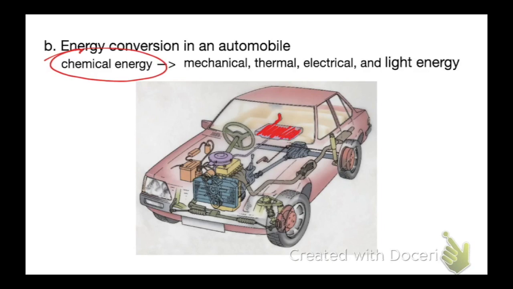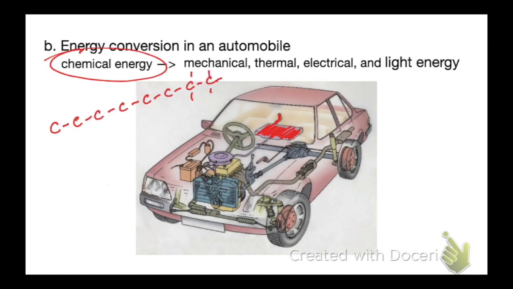Now, gasoline is basically just a big molecule. I'll draw it for you quickly. Gasoline is a bunch of carbon atoms that are bonded together: 1, 2, 3, 4, 5, 6, 7, 8.